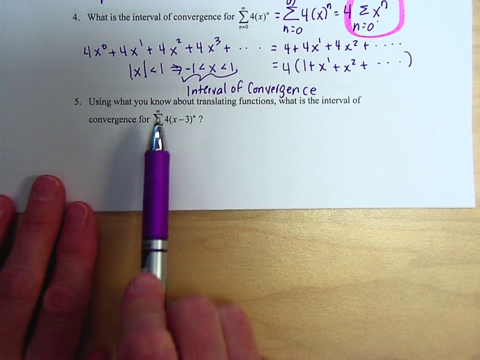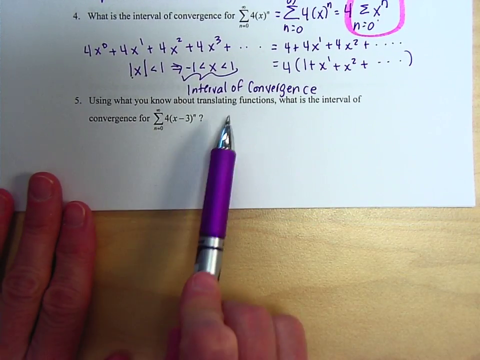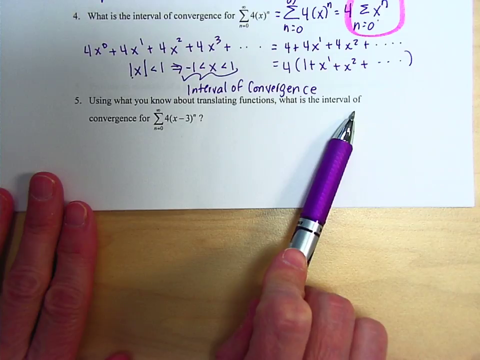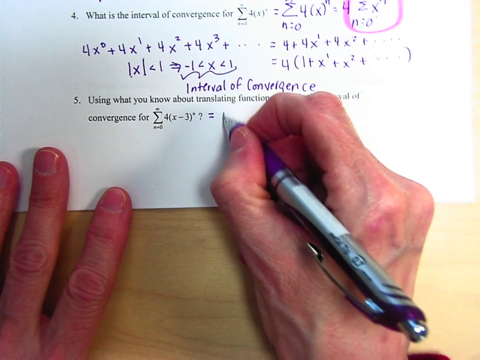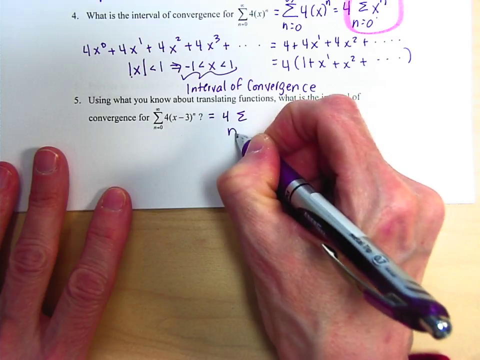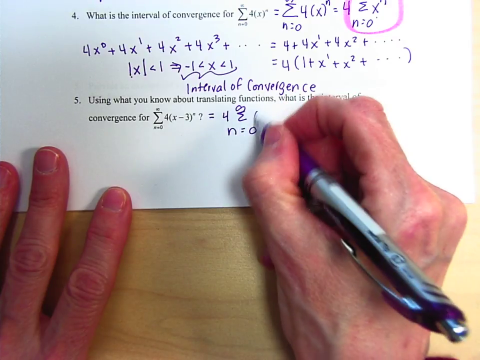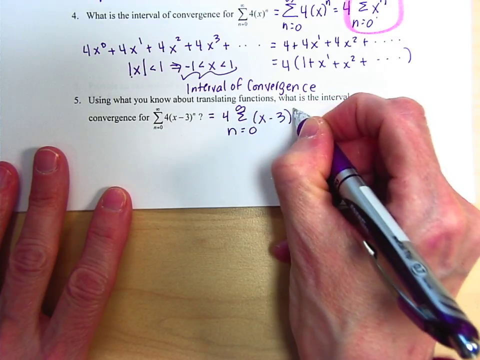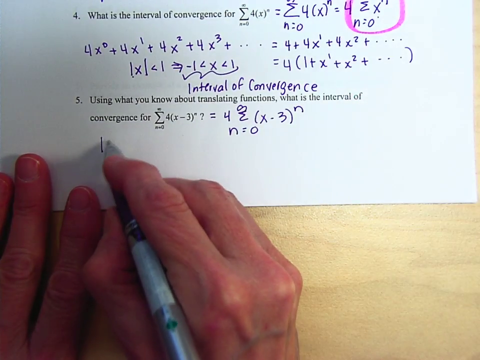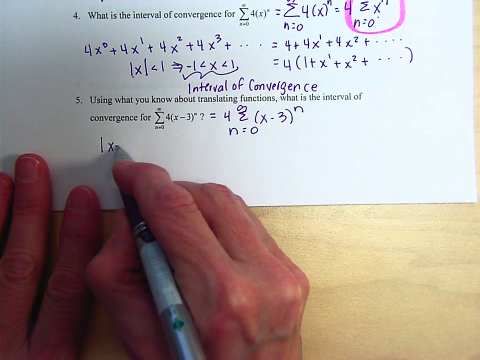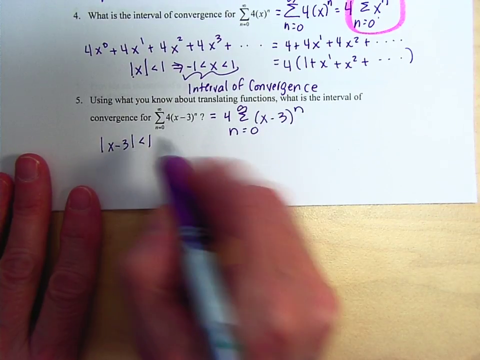So based on what we saw in question 4, to find the interval of convergence for this power series, our first step would be to take the 4, bring it to the outside. And now this will converge as long as the absolute value of x minus 3 is less than 1.